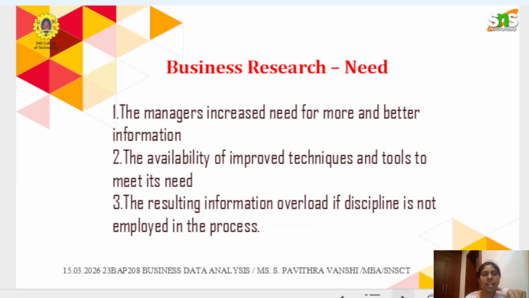So there are three things: managers need better and more information; the availability of improved techniques and tools to meet its needs; and information overload if discipline is not employed in the process. So these three needs are very important for business research, where only when there is proper information, when there is proper data collected, can we do the proper research work.